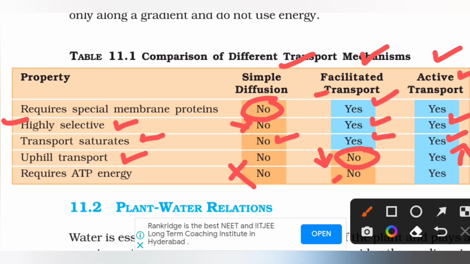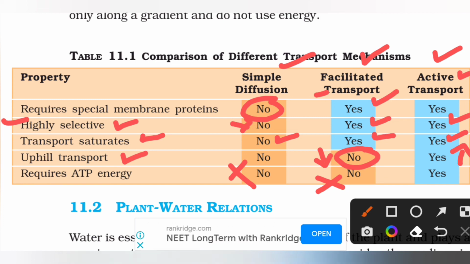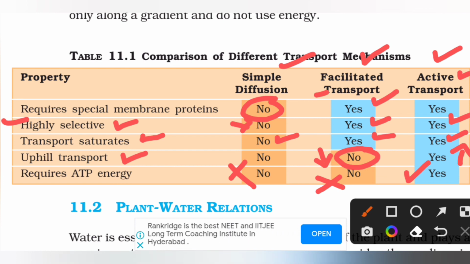Facilitated transport also doesn't require ATP energy, because it is a downhill reaction. Whereas in active transport, yes, it requires energy. Energy is used when the molecules move from lower concentration to higher concentration, right? It's clear. Let's move on to the other topic, that is plant water relations. Till here I hope it is clear.